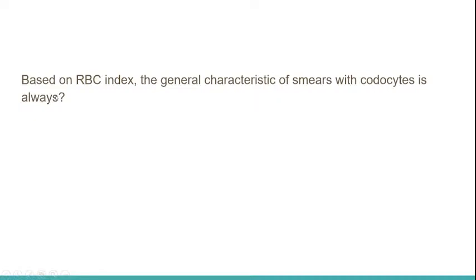Therefore, the cells would have a hypochromic presentation. So if you see podocytes and it's normal in terms of chromicity, when I say chromicity, this is the color of the cell. We're going to discuss that in subsequent discussions. But for now, all you need to know is that the RBC index of a podocyte is always going to be microcytic hypochromic.